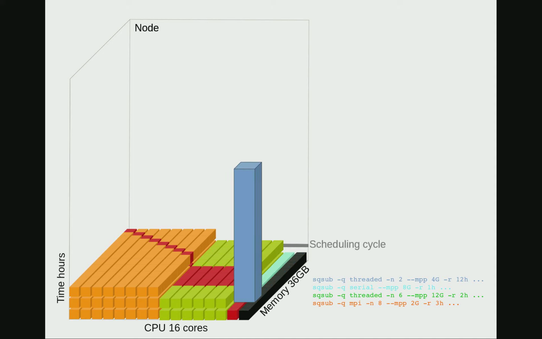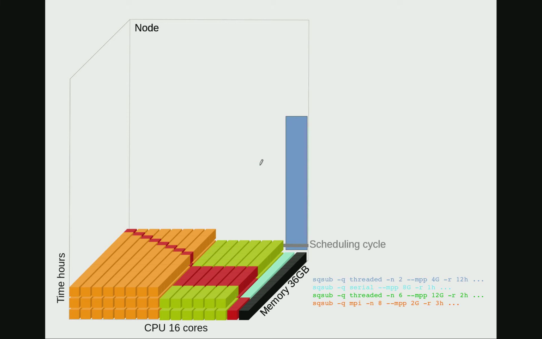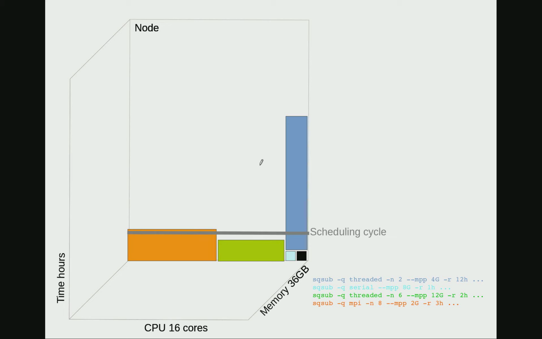So let's just simplify things. Here's the actual space that job is taking up, 2 cores, and then the memory, and then plenty of time, and we'll just push all these back against the back wall, just looking at the dimension of cores over time. So here we have the schedule cycle moved up, and then let's say more jobs start coming in.